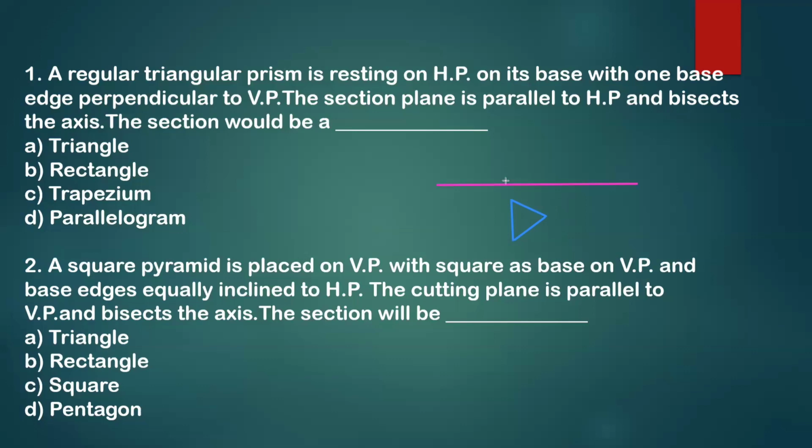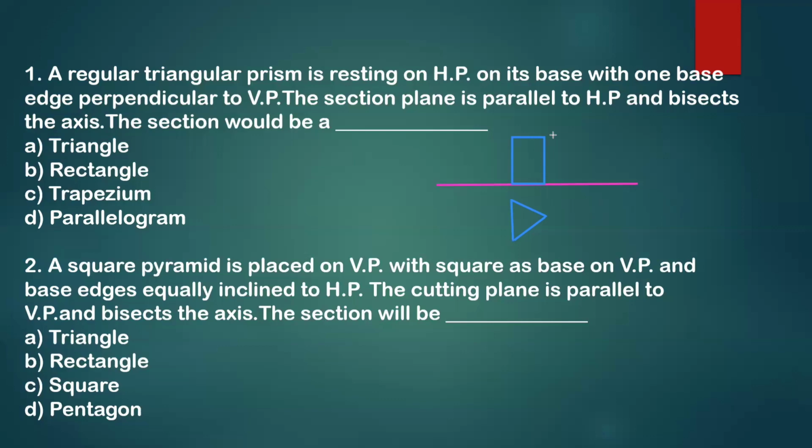Now as it is a prism, the front view will be a rectangle. So like this we get the front view and the top view: the front view as a rectangle and the top view as a triangle.